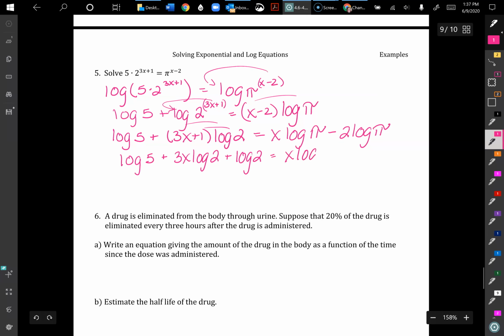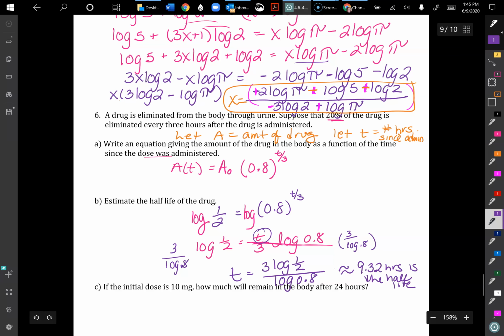Okay, so now you have a new equation. You could write it as a half-life equation. So you could write the half-life equation if you wanted to write it like this.